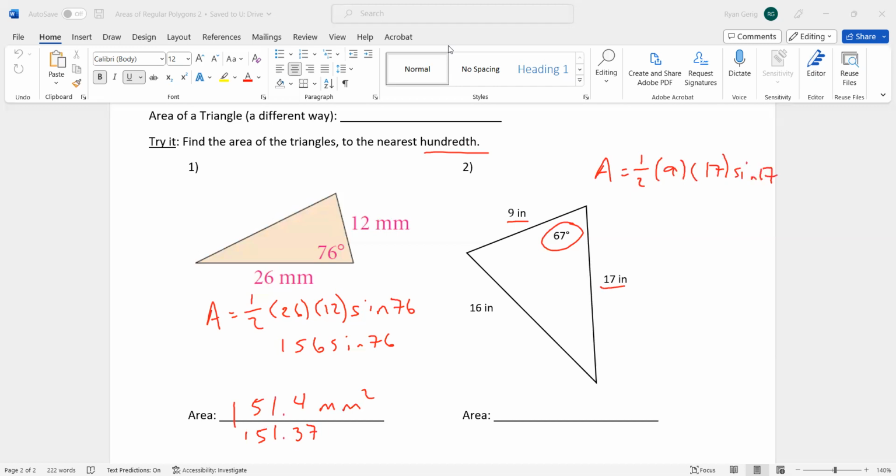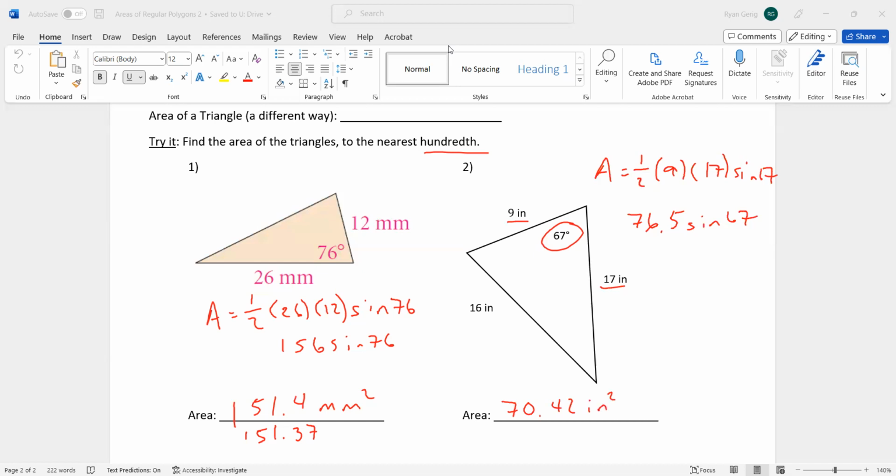All right, so 9 times 17 divided by 2 is 76.5, times the sine of 67. And I get 70.42 inches squared.